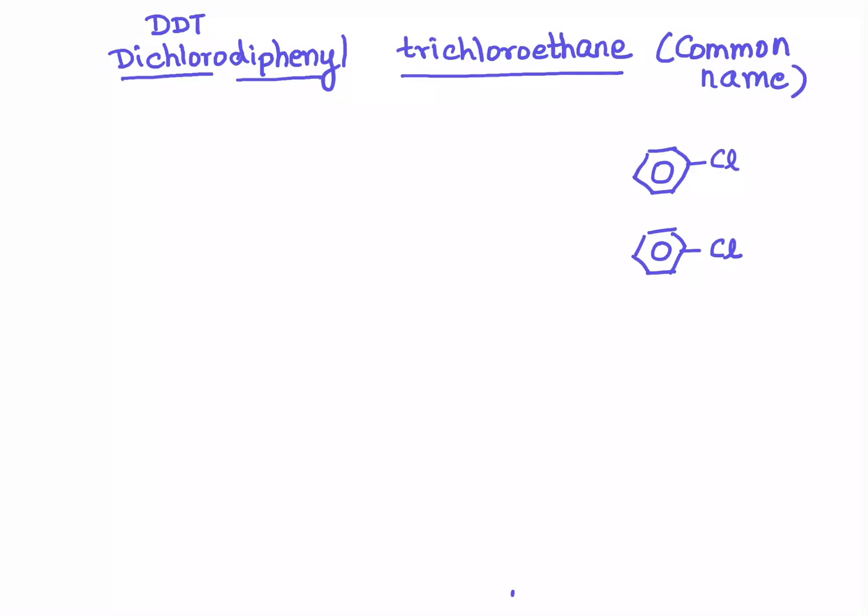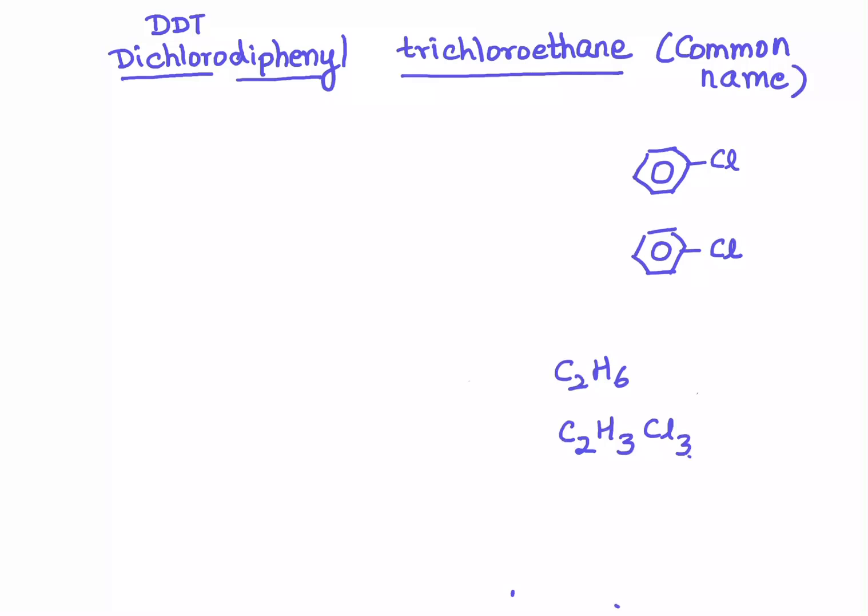Trichloroethane. Now ethane is C2H6, right? Or let me put it more simply. Ethane is C2H6. Now trichloroethane means I will have 3 hydrogens replaced by 3 chlorines, something like this.